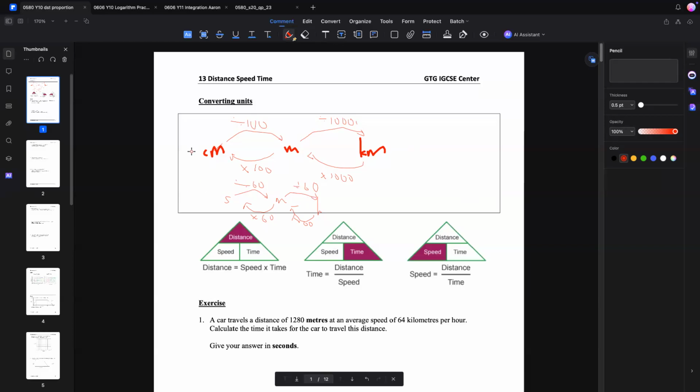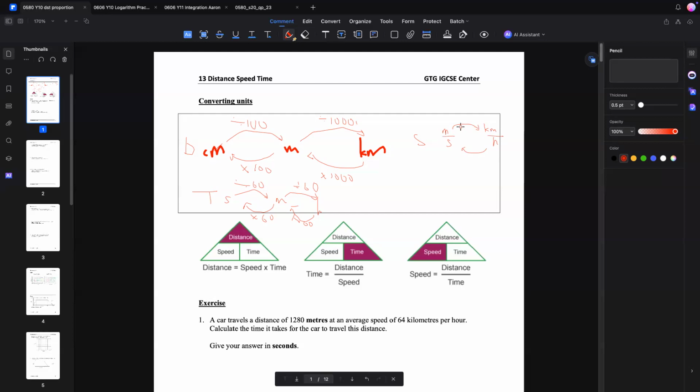Lastly, this one is your distance, this is your time, and then we have speed. Speed is usually meters per second to kilometers per hour. Meters per second, what do we times by? That's right.